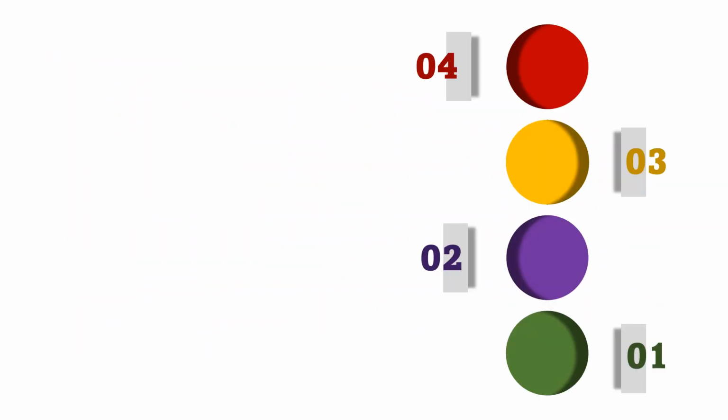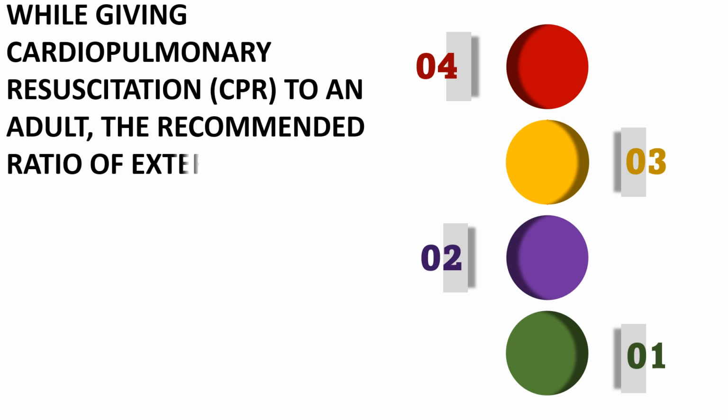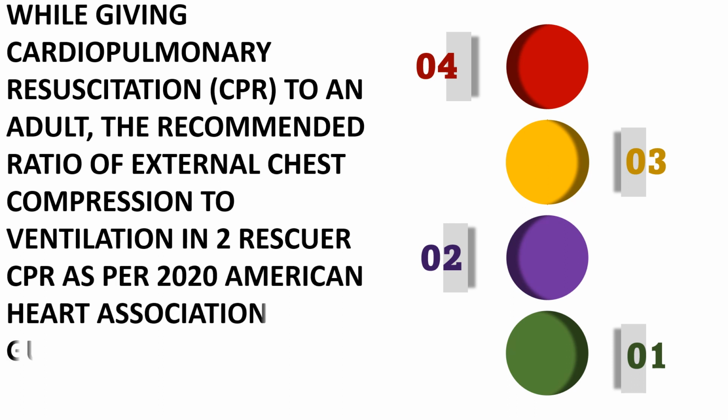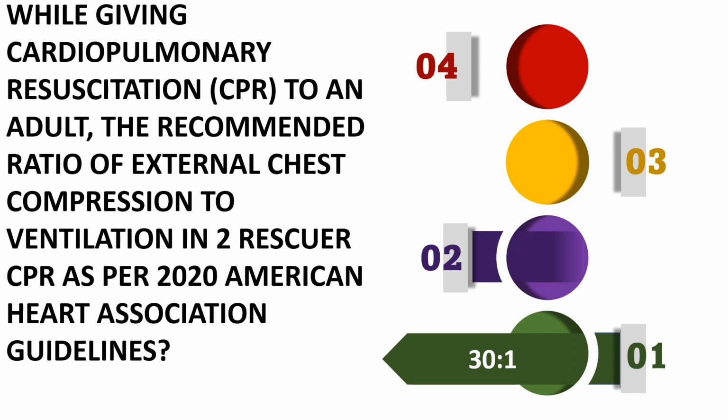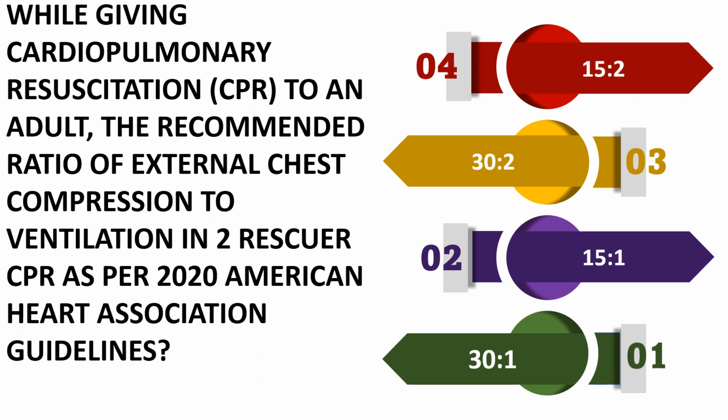Question number 4. While giving cardiopulmonary resuscitation to an adult, the recommended ratio of external chest compression to ventilation in 2 rescuers CPR as per 2020 American Heart Association guidelines is: option 1, 30:1, option 2, 15:1, option 3, 30:2, and option 4, 15:2.